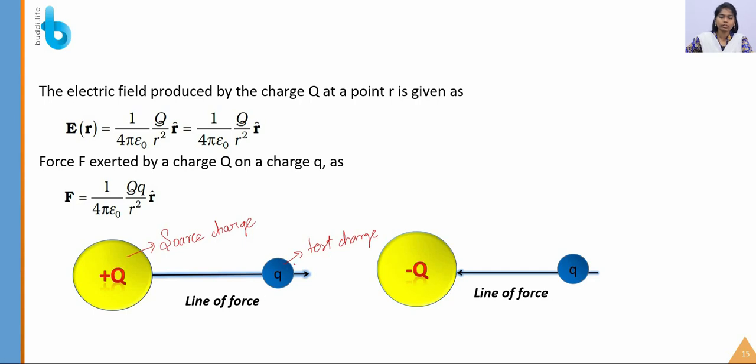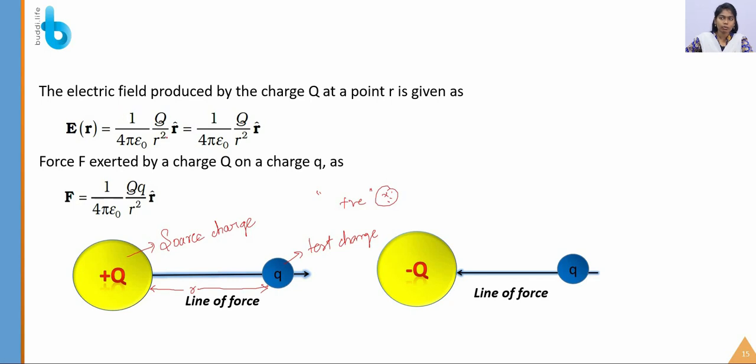The test charge is only used to find the electric field produced by the source charge. So what is the electric field produced by the charge at a point r? I am taking a distance r here. I usually consider the test charge as positive.